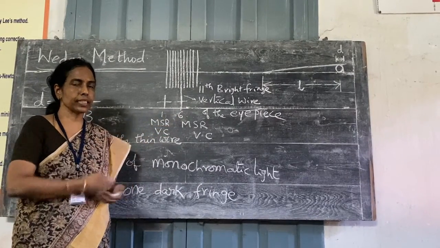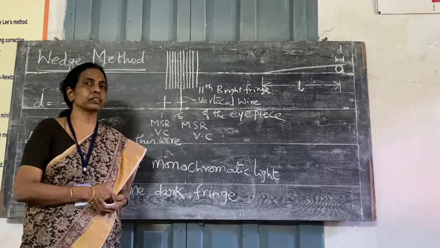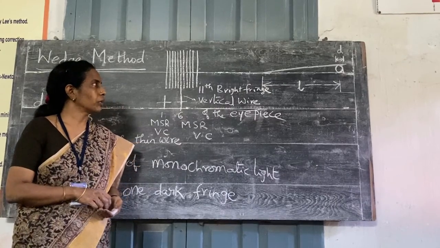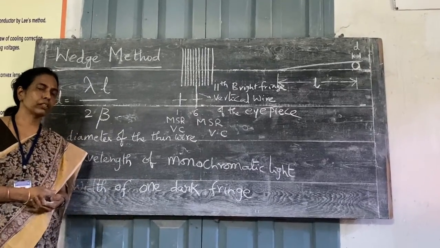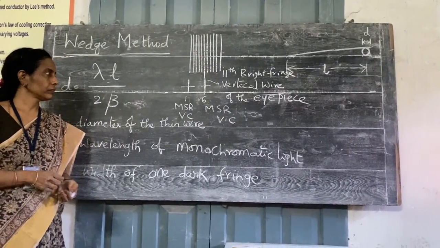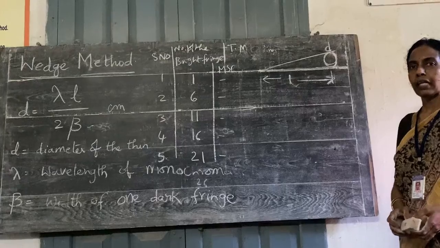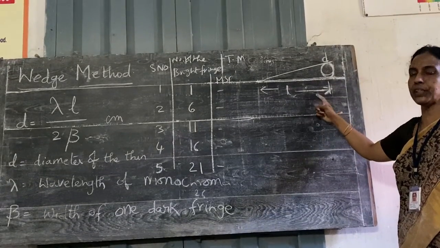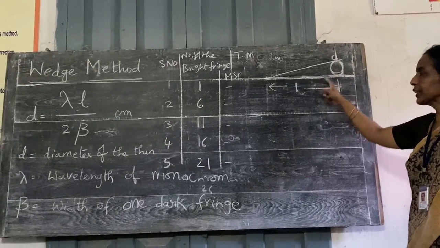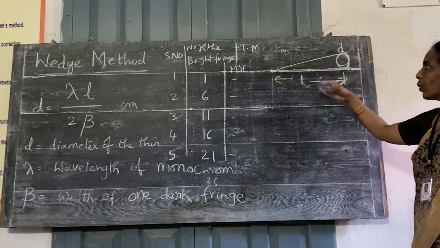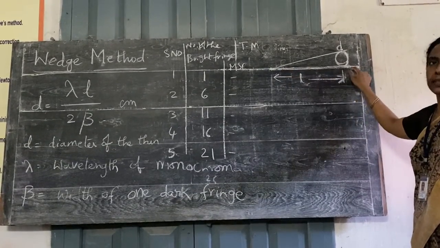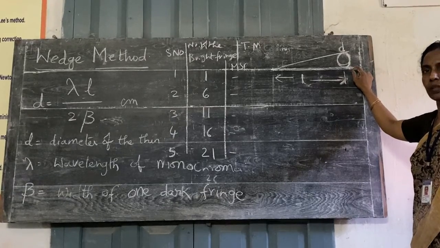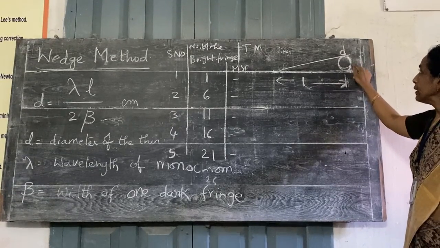We will note all these readings in a tabular form, and we will get some readings of 5 beta. This is the diagram of the wedge shape. It is a plain glass plate with dark background.